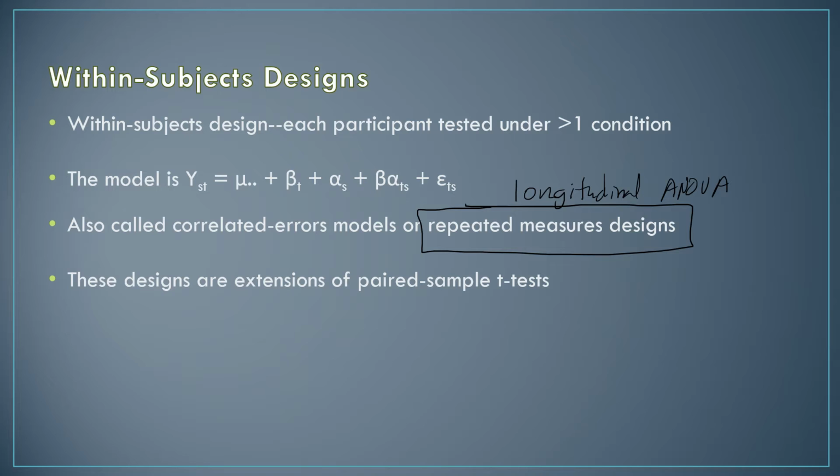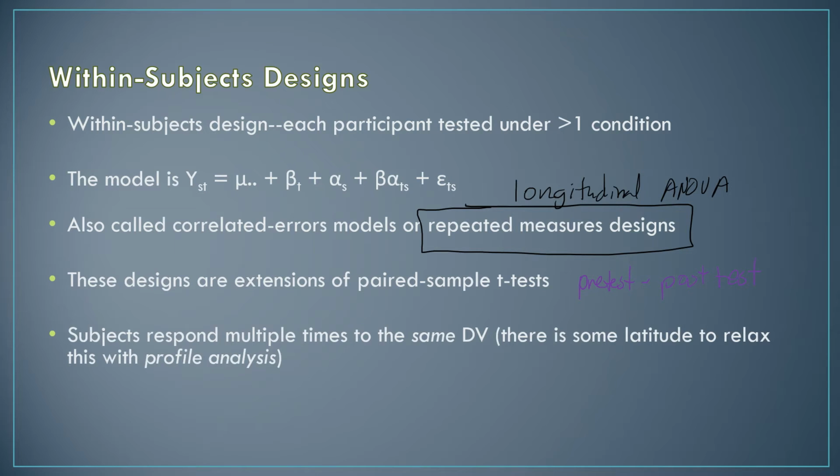Whereas with the within subjects design, it's like a paired sample t-test, where we use paired sample t-test for like a pre-test, post-test comparison. And this is where every participant is in both groups. It's both in the pretest and in the post-test. But now we have 3 or more of these groups to be able to do this within subjects designs ANOVA.